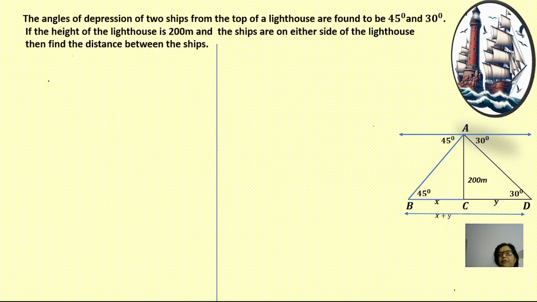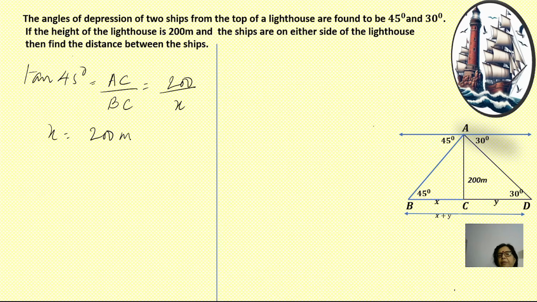So if I take the first triangle ACB, from there I get tan 45 degree is equal to AC upon BC, AC upon BC, that is 200 by X. That means X is equal to 200 meters. Tan 45 is 1, so X is equal to 200 meters.